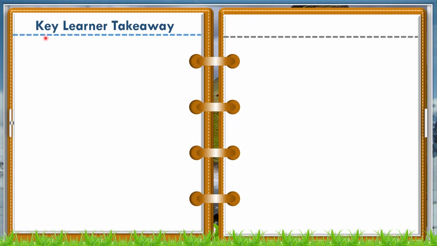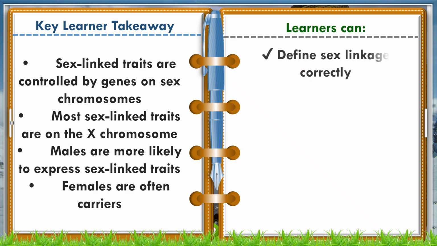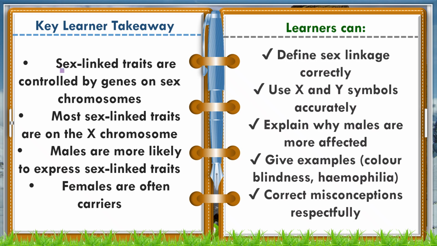Let's now go to the key learner takeaway. We are saying that sex-linked traits are controlled by genes on the X or the sex chromosome.